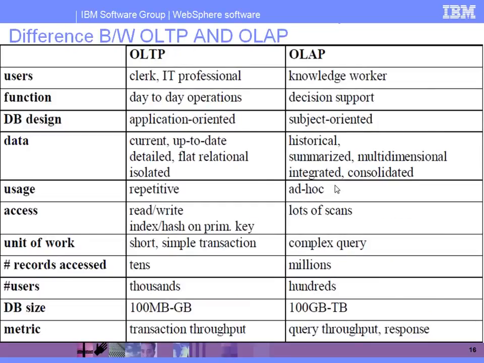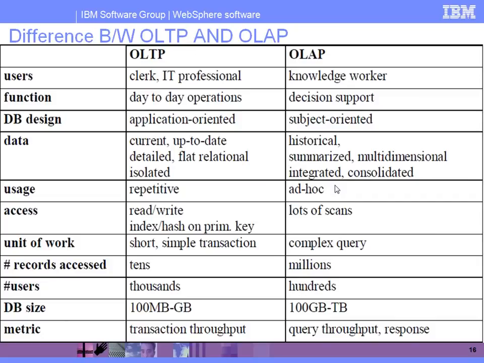But when it comes to the actual difference between OLTP and OLAP, what is the meaning of OLTP here? Online transaction processing system.